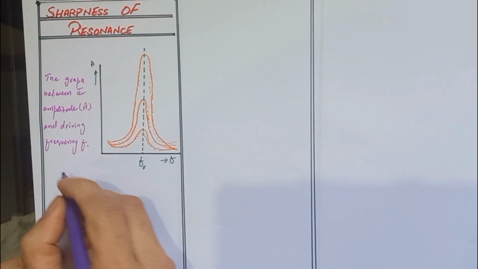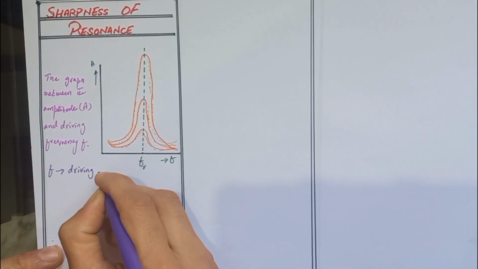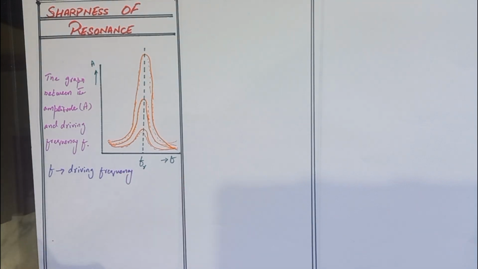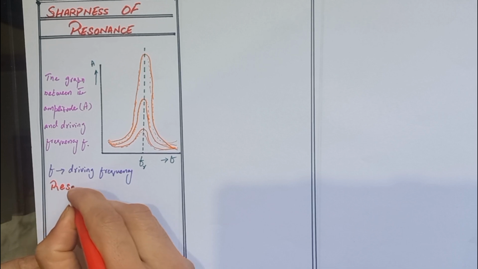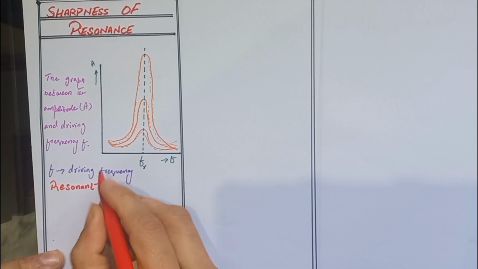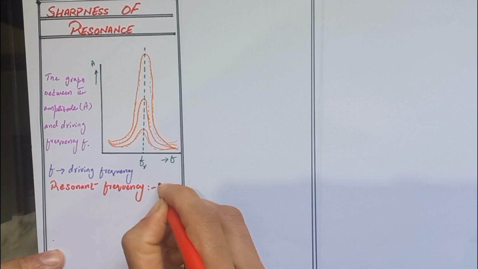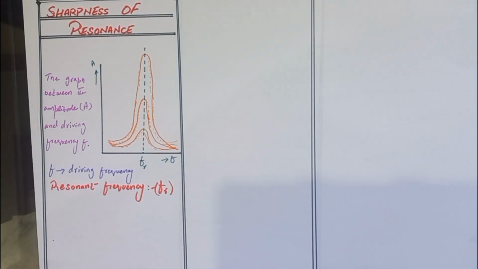Here f is the driving frequency, and fr is the resonant frequency, which is shown by f R. What is the resonance frequency?